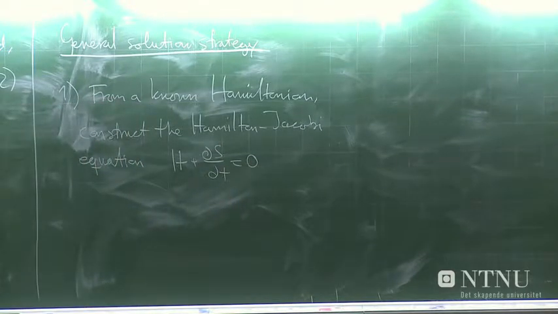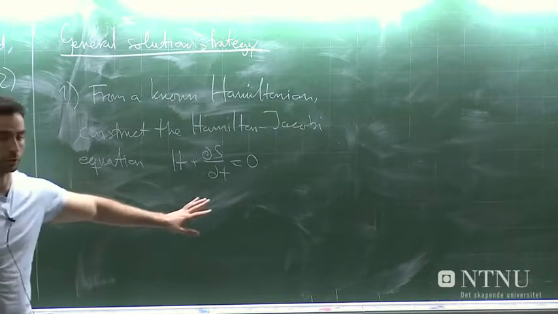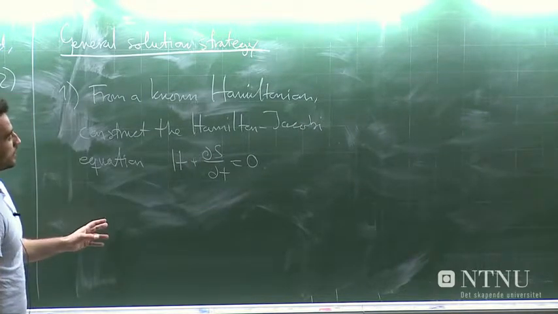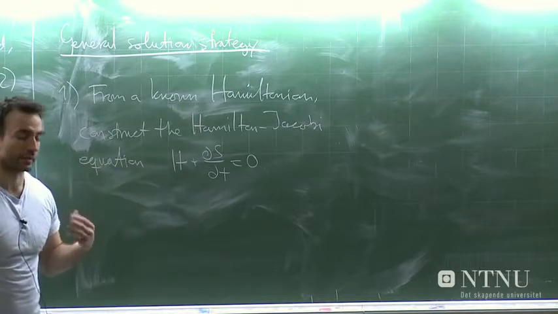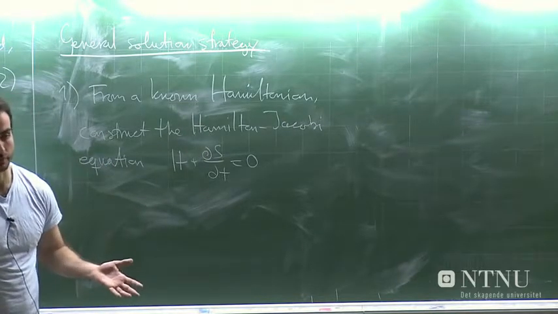The first step is to just construct the Hamilton Jacobi equation from the known Hamiltonian. So we assume that the Hamiltonian is given. We need that to describe a system.